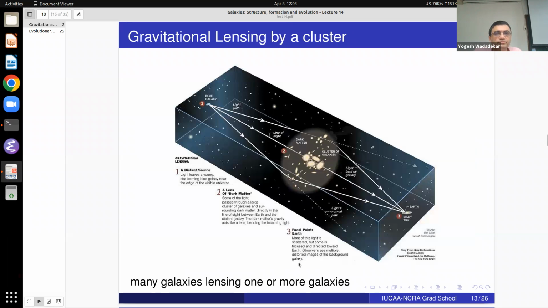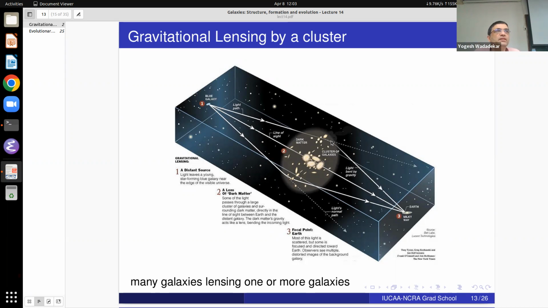But you can also have gravitational lensing by a cluster. Suppose you have, let's say, a blue galaxy in the background, along the line of sight. Every ray of light gets bent, and some of them reach us here on the Earth. The amount of lensing naturally depends on the mass distribution. Now, this lensing is happening by the cluster as a whole. So the whole cluster is acting like a lens.